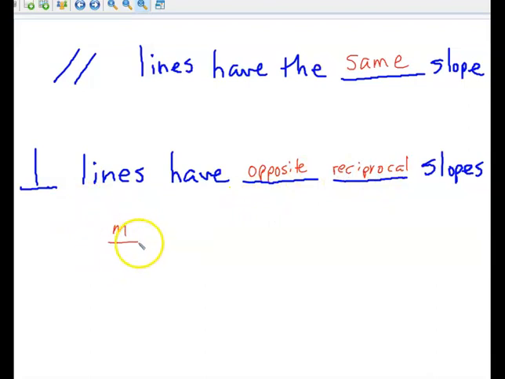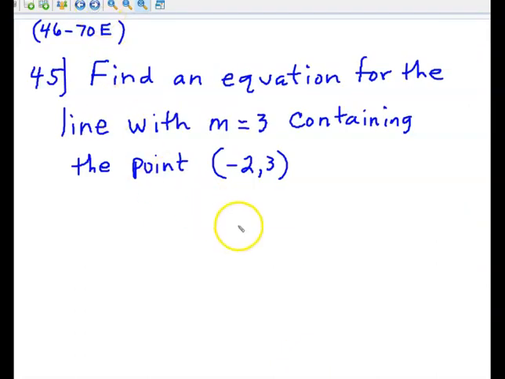If I have a line that has a slope of 3, for example, the line that's perpendicular to it would have a slope of negative 1/3. If a line has a slope of 3/2, then the perpendicular line would have negative 2/3. And a slope of negative 1/4 for a particular line, the line that's perpendicular to it would have a slope of positive 4. Just a few examples there.